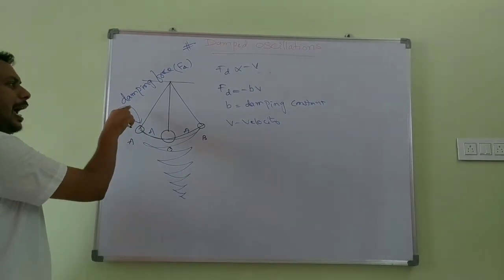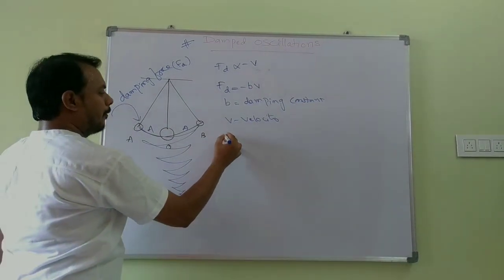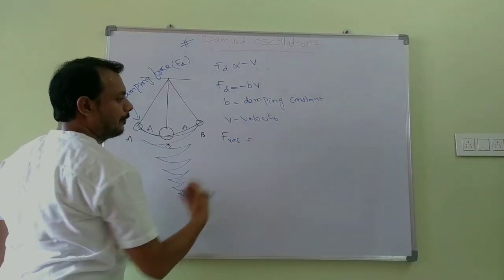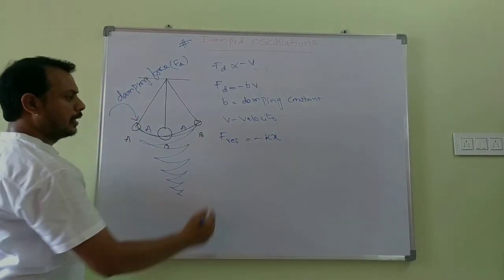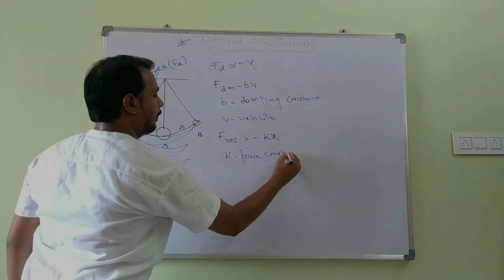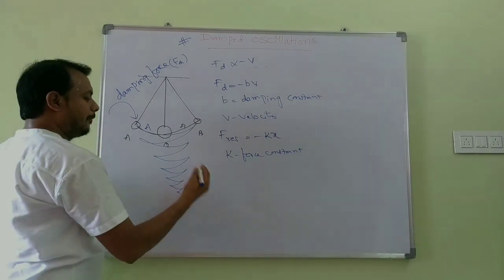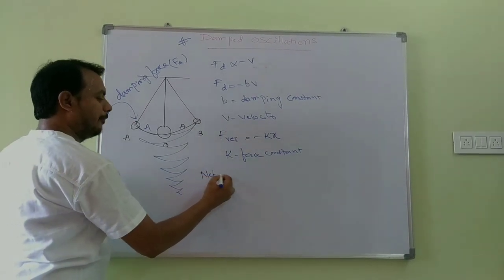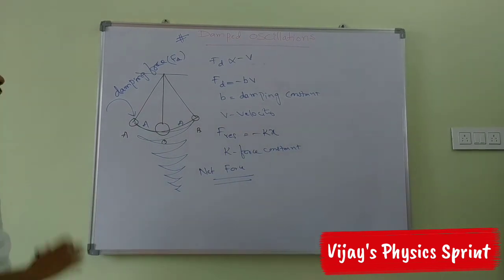So one force acting on the oscillator is the damping force, and one more force is the restoring force. The restoring force, we already know, is minus kx, where k is the force constant and x is the displacement. So what is the net force? I am writing here the net force or total force on the oscillator.